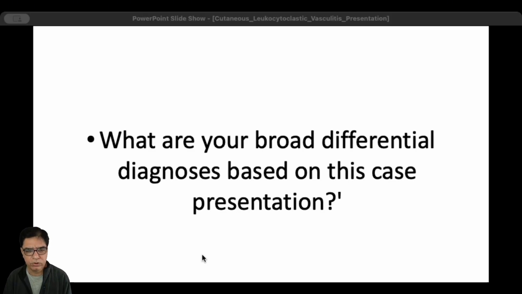Fair enough. Very good. HSP is the first thing that comes into your mind because that is one of the commonest things that you see in pediatric practice. With non-blanching rashes, especially those present on the lower limb, the most common would be HSP.